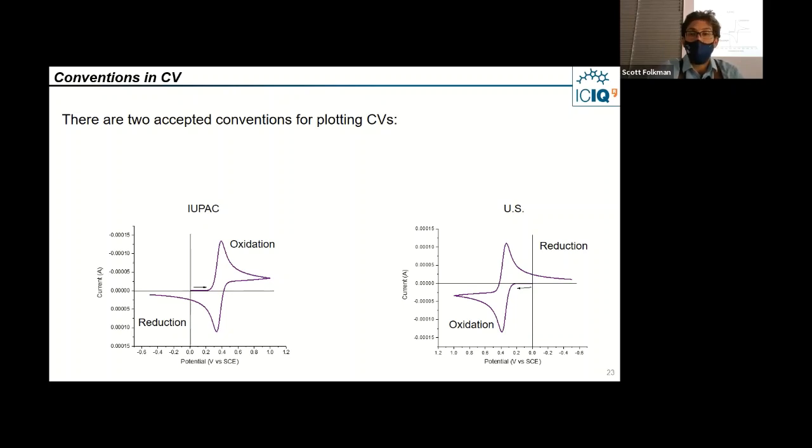So they did all of their early electrochemistry on reductions. And so they put it in the upper right, in the first quadrant. But you'll see both of these. I personally use IUPAC. But if you're looking at a CV in a paper, make sure that you get your orientation right before you start making any conclusions.